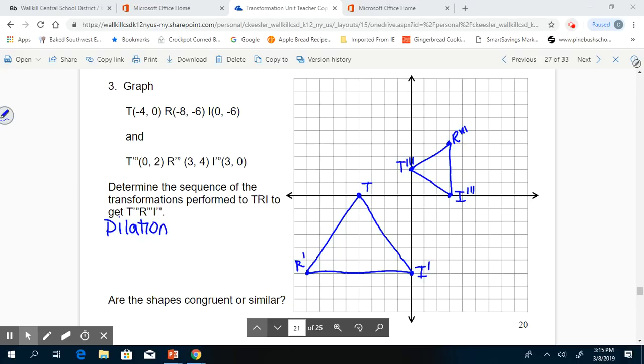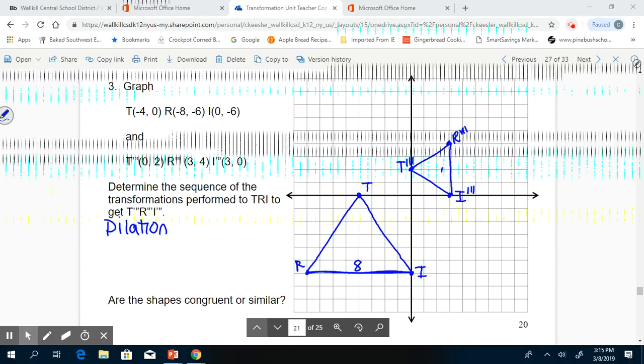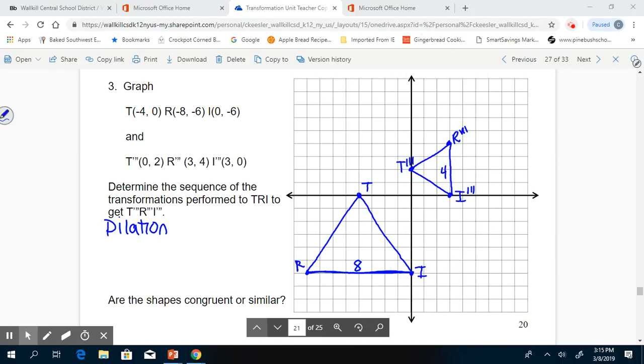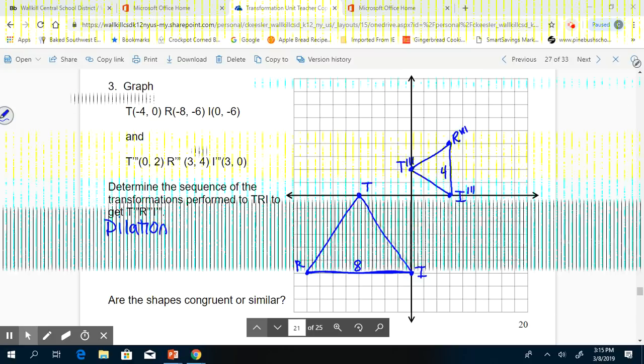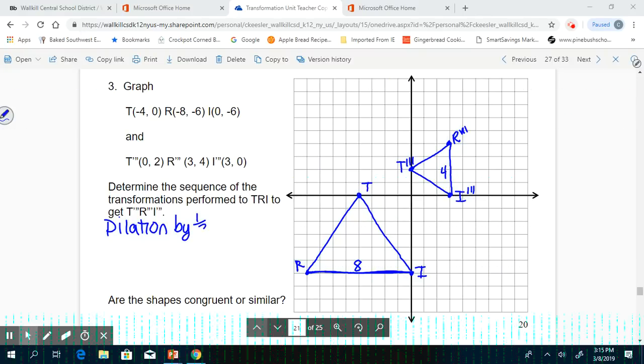So in this case, if you look at this very closely, you can notice that R to I is 1, 2, 3, 4, 5, 6, 7, 8 units long, where I triple prime to R triple prime is only 4 units long. Remember, when you do the scale factor, it's always prime over original. So my scale factor would be 4 over 8, which simplifies to 1/2. So dilation by 1/2 is the first thing we want to do.